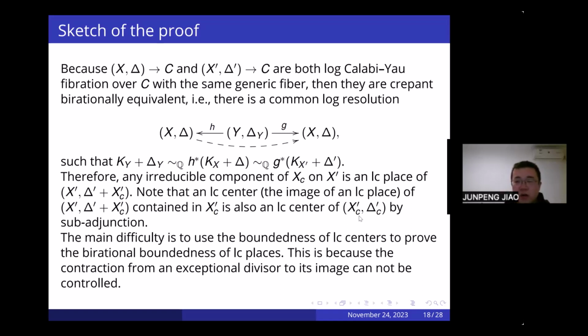So it's naturally log bounded, and we can see that all LC centers in this log bounded family are also bounded. So we know the image of X_C in X prime is bounded, but the difficulty is to use the boundedness of its image to prove the birational boundedness of itself. This is because the contraction from the exceptional divisor to its image cannot be controlled in general.